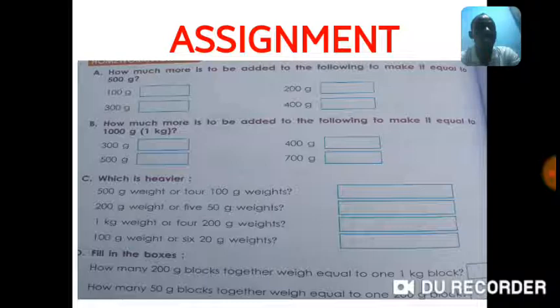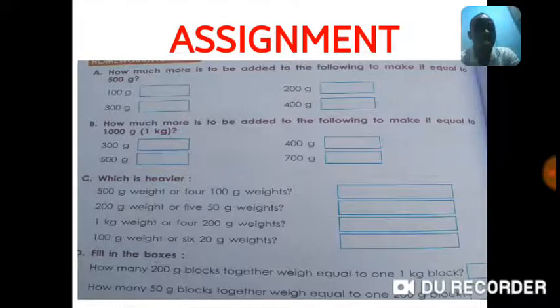Don't forget, 1 kilogram is equal to 1000 grams, and so we are comparing 1000 grams to 200 grams weight. Then 100 grams weight or 620 grams weight. Now fill in the boxes.